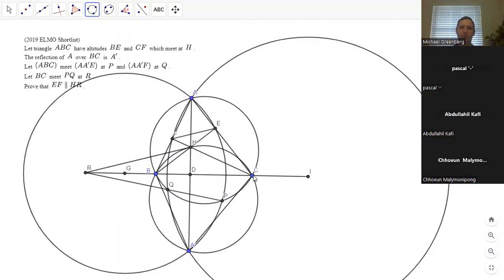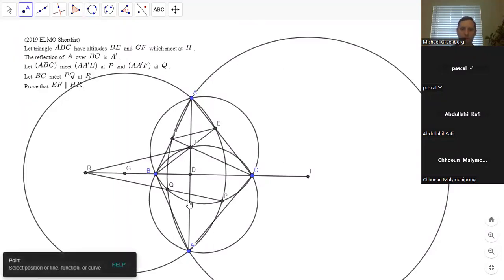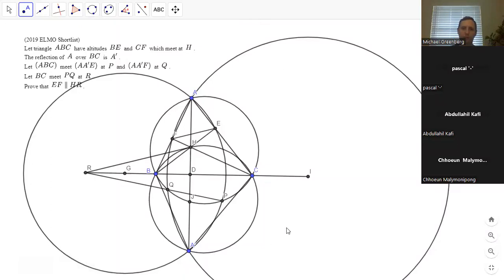It's a good observation. We know this is cyclic. And yeah, so this point right here is the orthocenter. J is the orthocenter of A prime BC. I don't know if that helps.